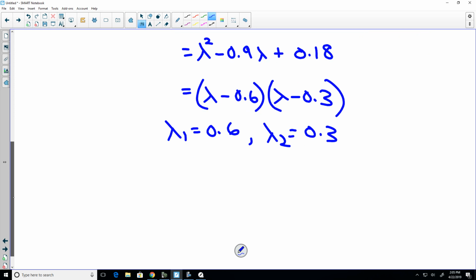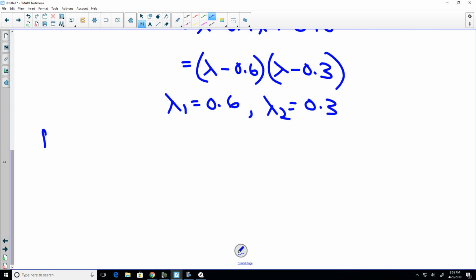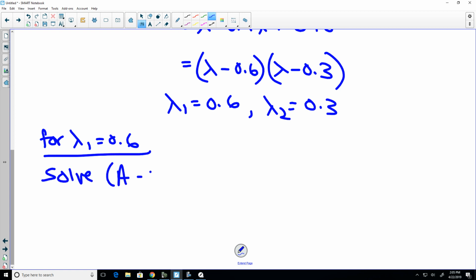So now we need eigenvectors. So we'll need to solve A minus 0.6I x equals 0.